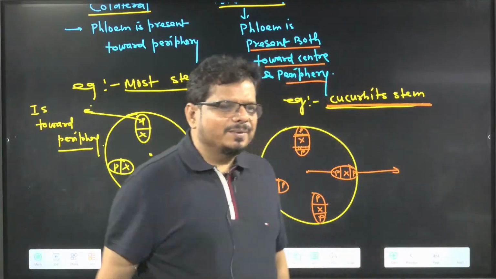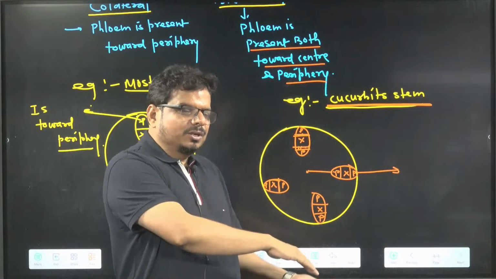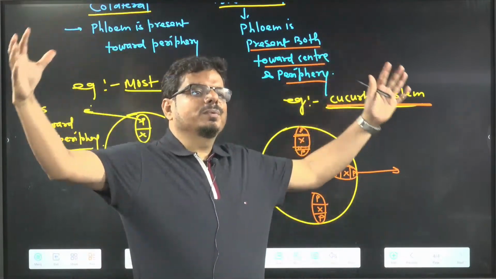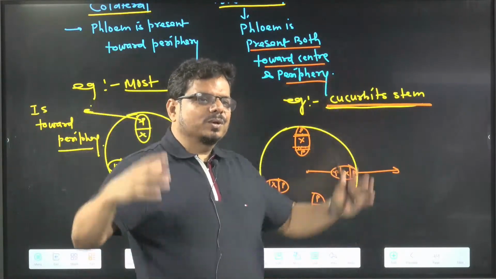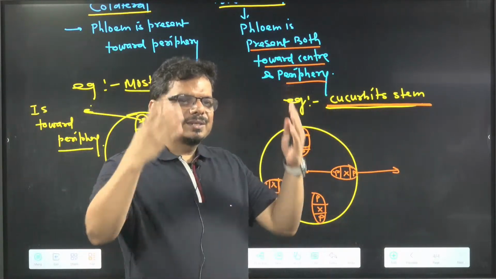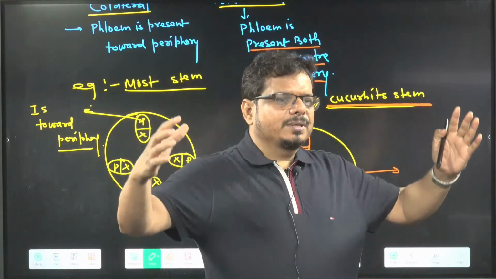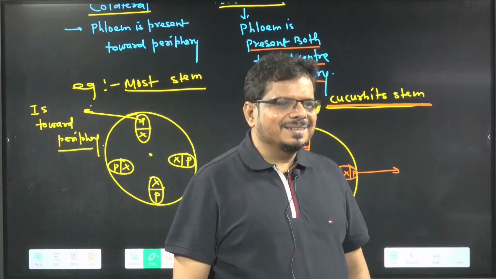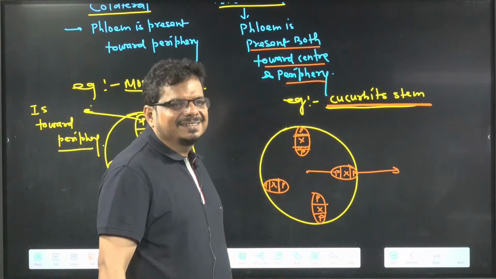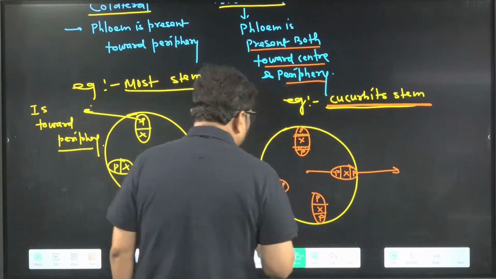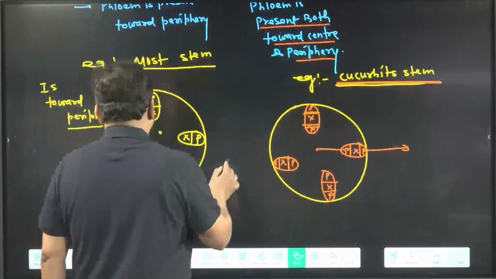So I have given that logic to my brain. More phloem is there. So where fruit is bigger, like bigger fruit comes in which family? Cucurbitaceae family, gourd family. One fruit 5, 6, 7 kg. Is it clear? That are tricks to mug up. So collateral and bicollateral is over.